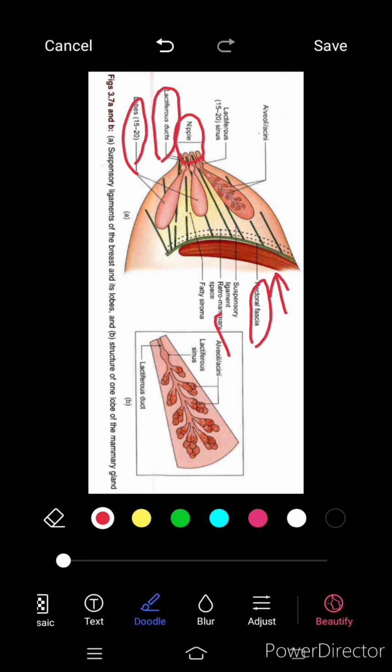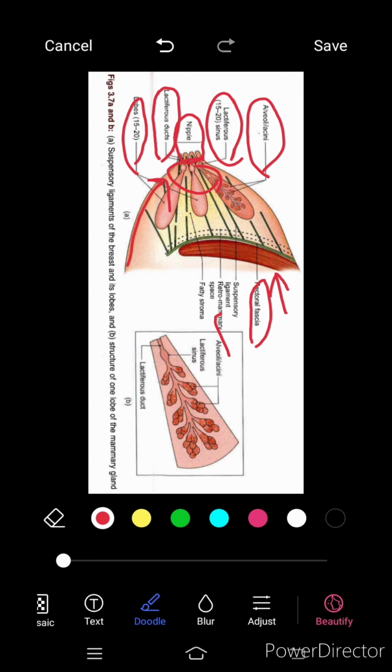Each lobe is a cluster of alveoli or acini and is drained by a lactiferous duct. The lactiferous ducts converge towards the nipple and open on it. Near its termination, each duct has a dilation called the lactiferous sinus.